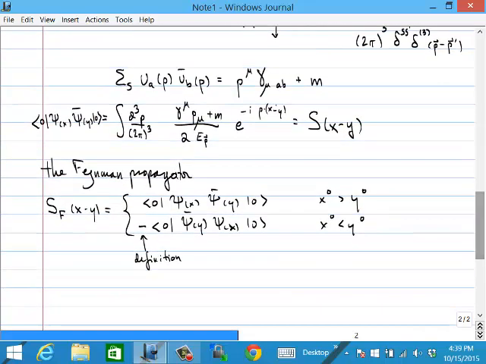Again, just as with the real scalar field, it's going to be useful to write this in a form which is more manifestly Lorentz invariant. And the argument goes exactly as it did for the real scalar field. All that we do is we regard this denominator here as the contribution coming from a residue in a contour integral over the p0, the real p0 axis. And that allows us to write this as an integral d4p rather than an integral d3p. This numerator just goes along for the ride.